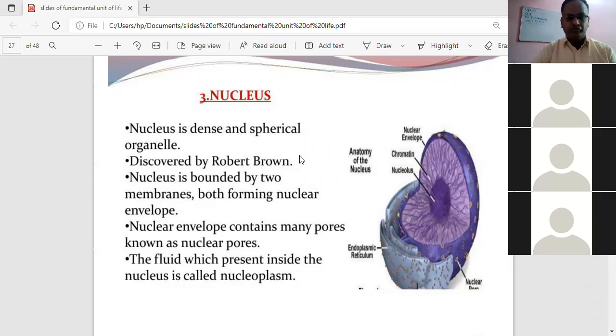No, Saloni, my question is regarding the function of the nucleus, not the structure. Okay, sir. The nucleus plays a major role in cellular reproduction, and it controls various cellular activities, due to which it is called the brain of the cell. Brain of the cell. Okay, very good, Saloni. Correct.